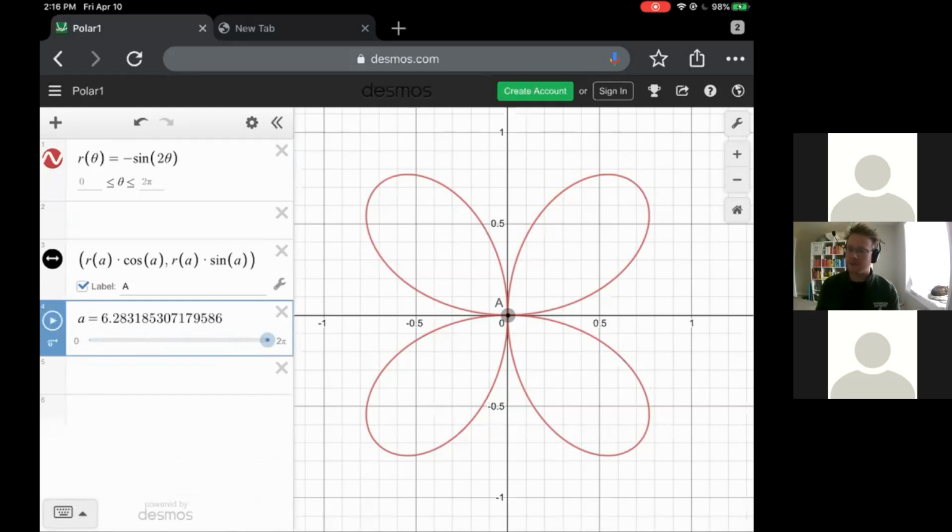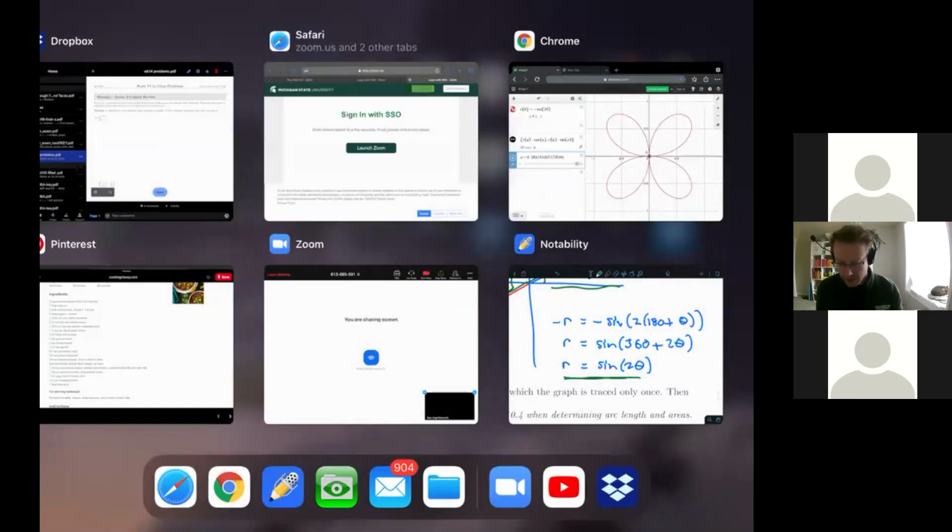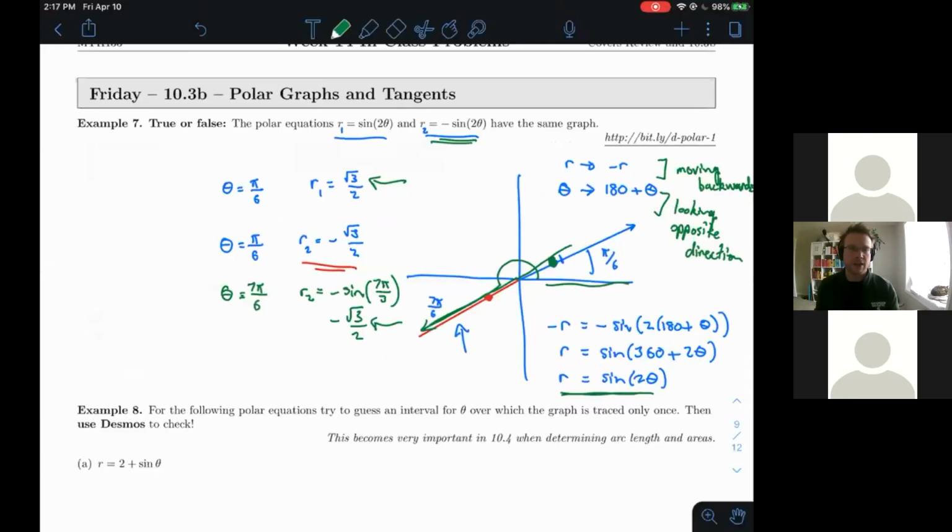So it doesn't map out the same points at the exact same time. It's offset by this 180 degrees essentially, and you get them by moving backwards. So yes, they do map the exact same points, and that's a tricky question here, because again, it was really looking like it was going to be false initially, but it turns out to be true.